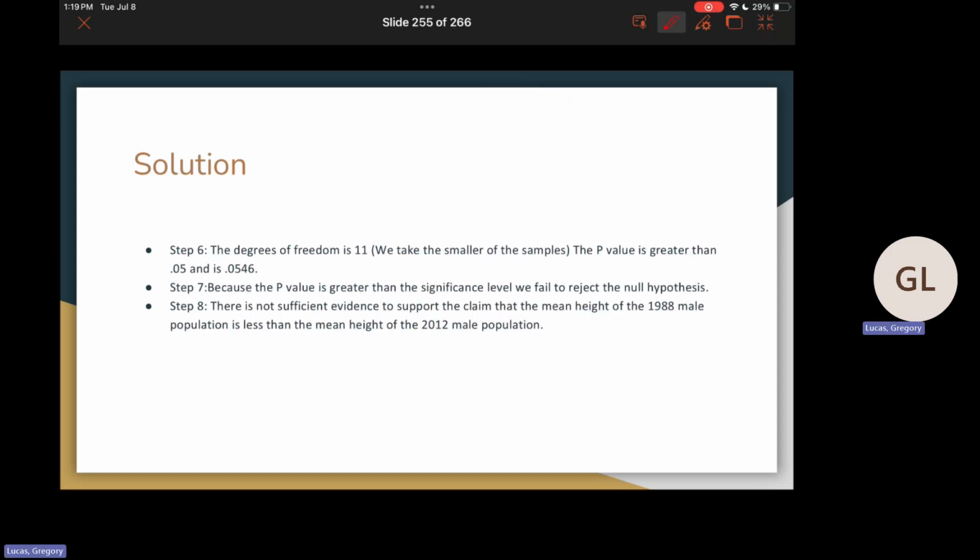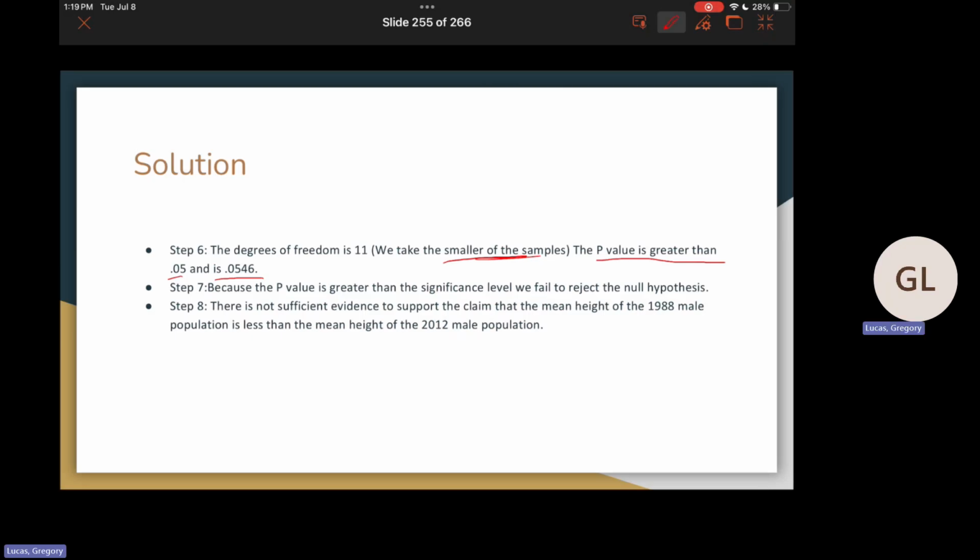Right. So when I wrote the solution, I said the degrees of freedom is 11, so that's that first method. Just take the degrees of freedom of the smaller sample. The p-value is greater than 0.05, barely, it's 0.0546.